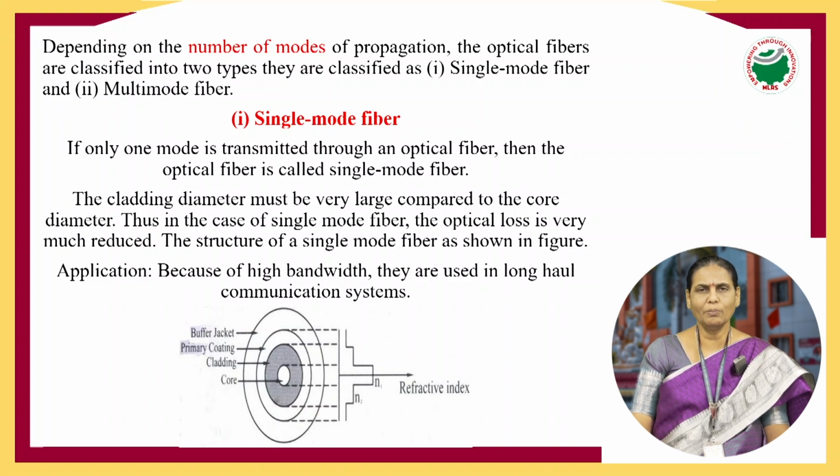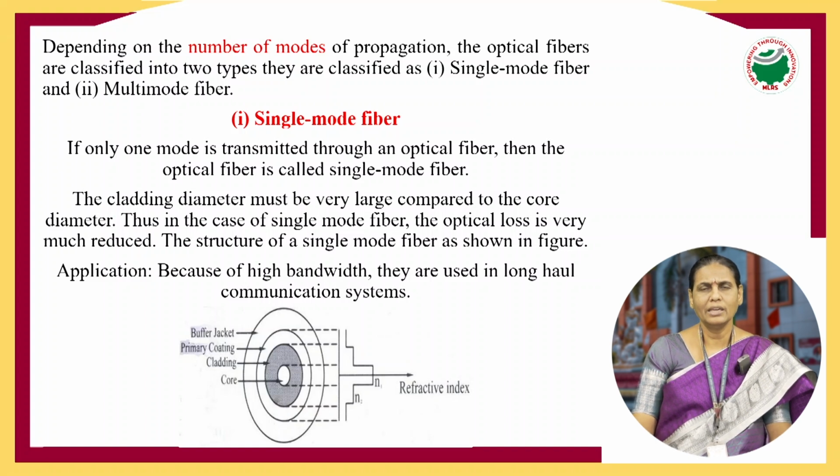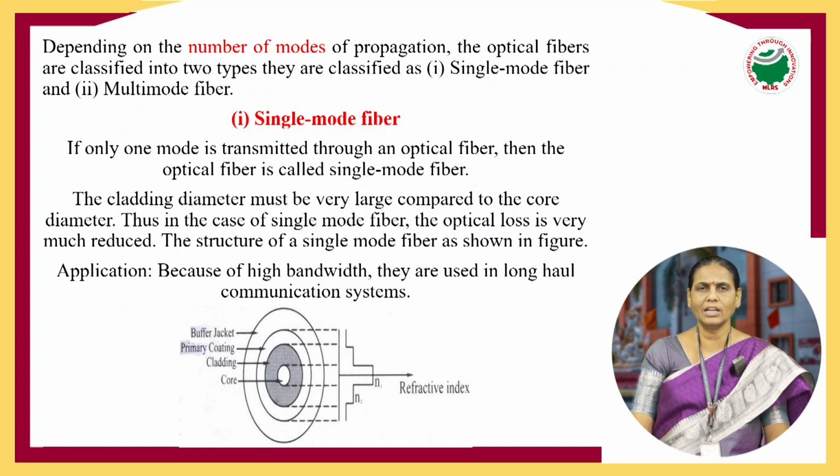In this single mode optical fiber, the diameter of the cladding will always be large when compared with the core diameter. In general, the refractive index of the core will be greater than the refractive index of the cladding.